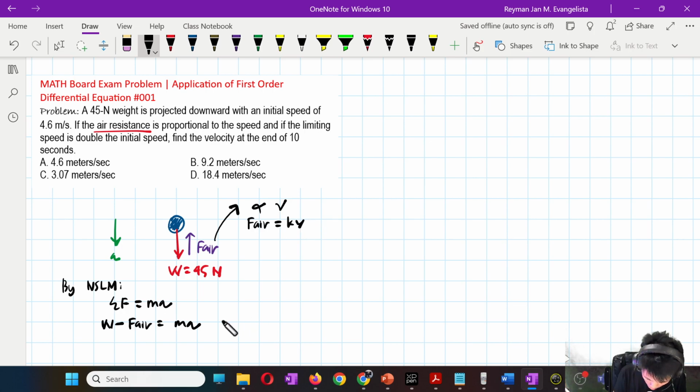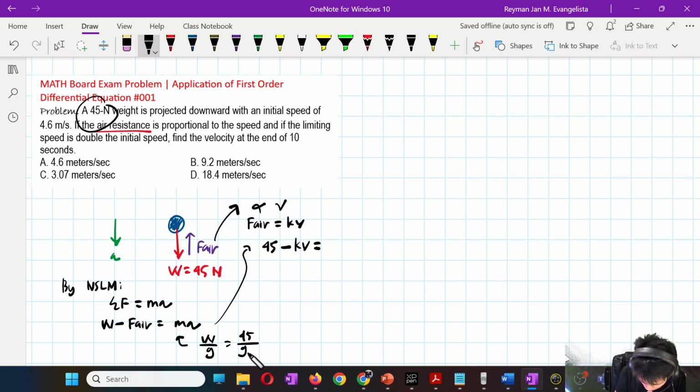Our equation becomes 45 newtons, the given weight, minus the air resistance kV. And what is the mass? Since the given is weight, our mass is W over g, or 45 over 9.81.